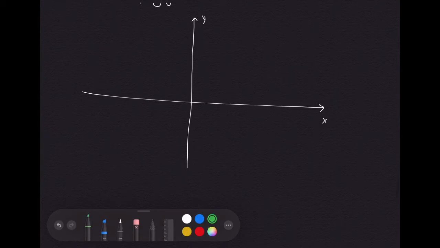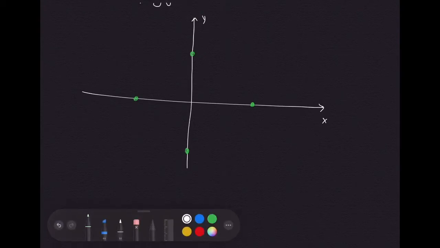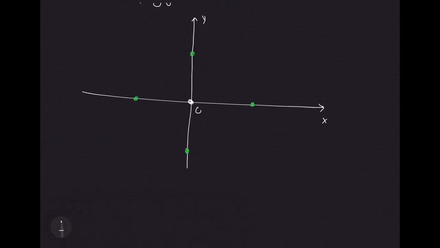So for starters, I will just mark 4 points, by estimation of course, which are equidistant from the origin. All right, so the origin is, let's say, O, and I have marked 4 points on the four parts of the axis.